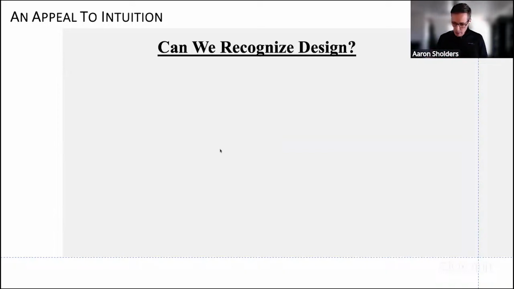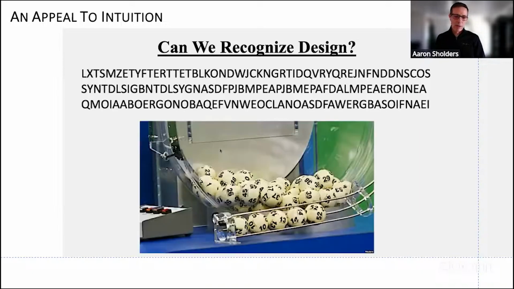Let me ask you to do this with me. Let's pretend that you step into a room, and in that room you see a lotto ball machine, such as being depicted here in our figure. But in the hopper of this lotto ball machine, instead of balls that have numbers on them, there are lots of balls that have letters on them.